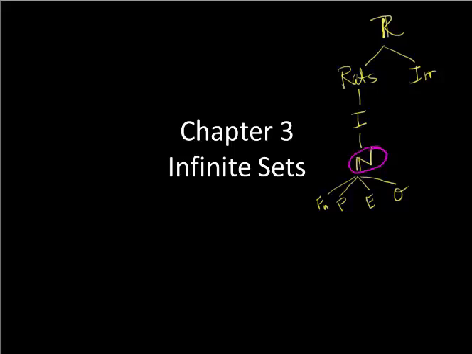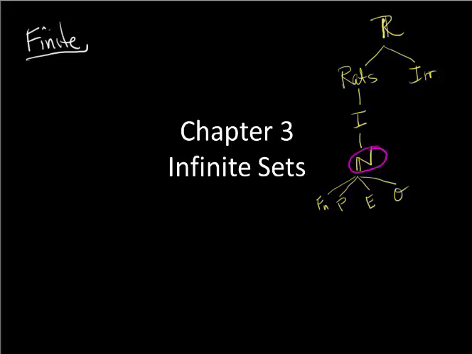If we want to compare two finite sets, a finite set is just a set that we're all very familiar with. A finite set has a certain number of elements in it. If I wanted to compare the size of the set of fingers on my left hand and the set of vowels in the English language, I could just count them. 1, 2, 3, 4, 5 fingers, 1, 2, 3, 4, 5 vowels.